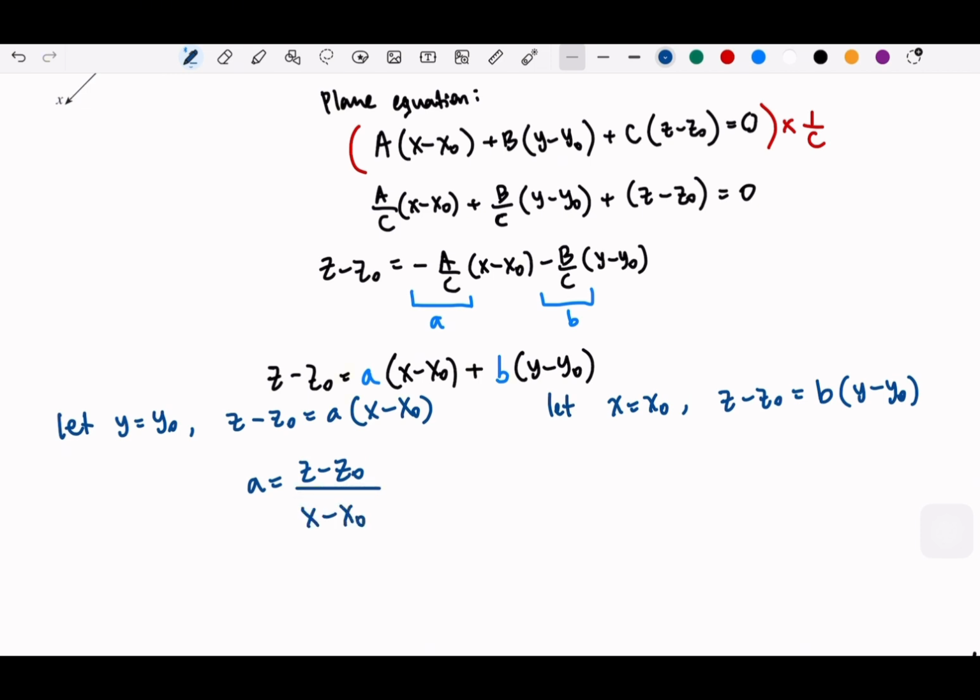So this is intuitively giving you the description of the change in z and the change in x. Or if you say this is a delta, this is a delta, which means this is the gradient or the slope. So this will be equal to this. So this will be T1.